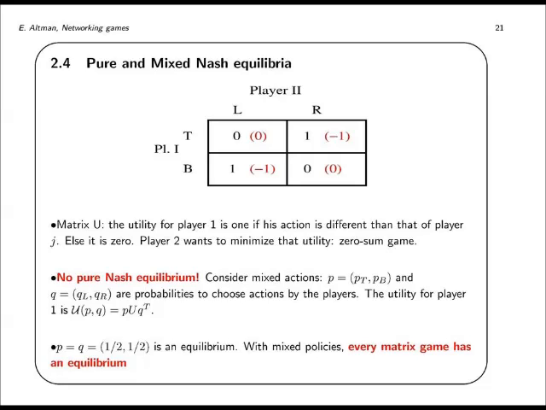So it is P U Q^T. With these definitions, it is seen that the Nash equilibrium here is to choose the vector whose entries are 1/2 for both P and Q. This generalization has the advantage that every matrix game has an equilibrium if we use here the space of mixed policies or randomized policies.